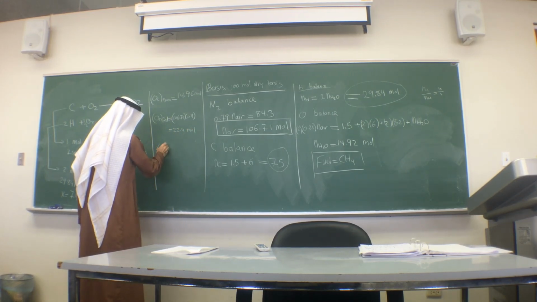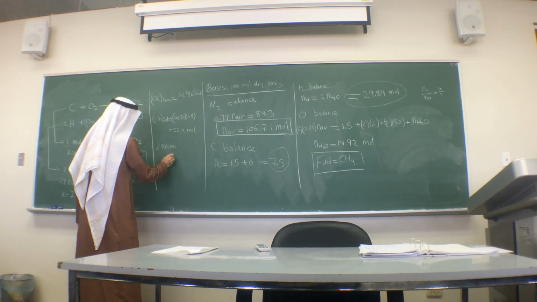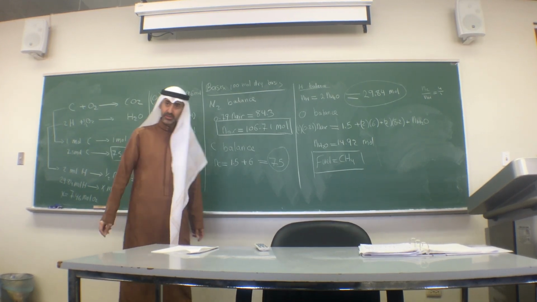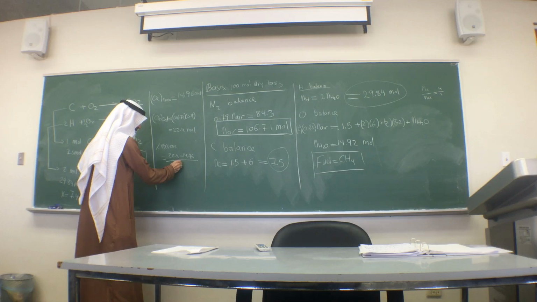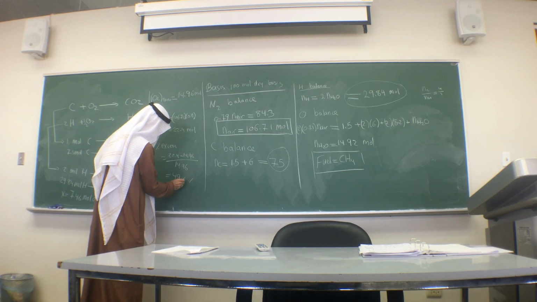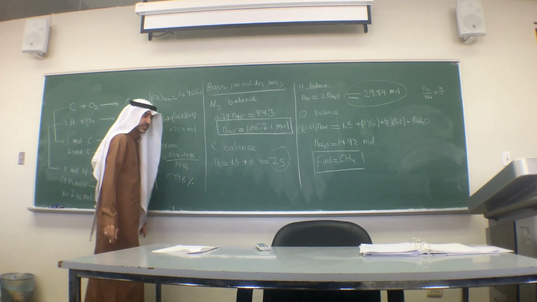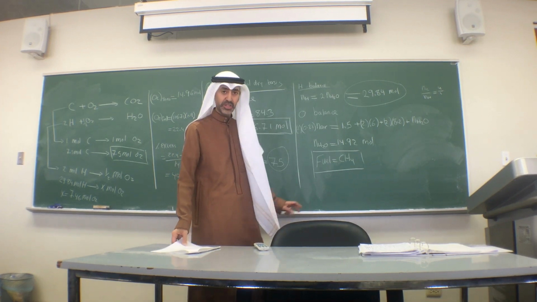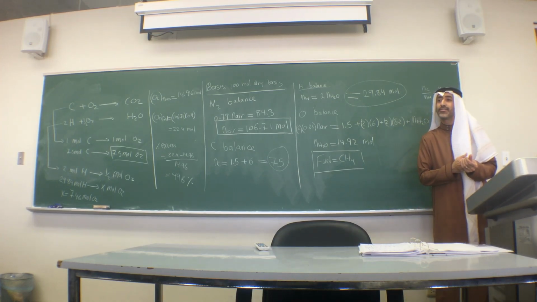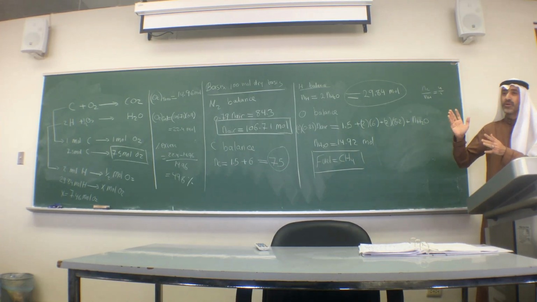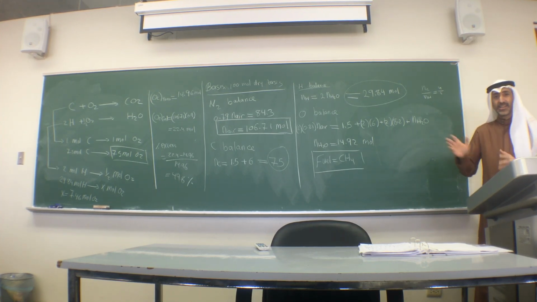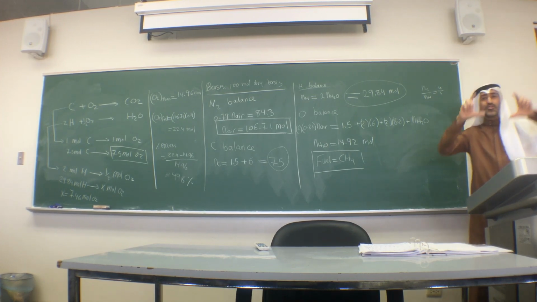Then percent excess will equal (22.4 minus 14.96) divided by 14.96, and the answer is 49.68%. See? Very nice, very easy, straightforward. But you have to know where to start. So here I have to assume that I have 100 mole of dry stack gas, because I know the percentages of that.